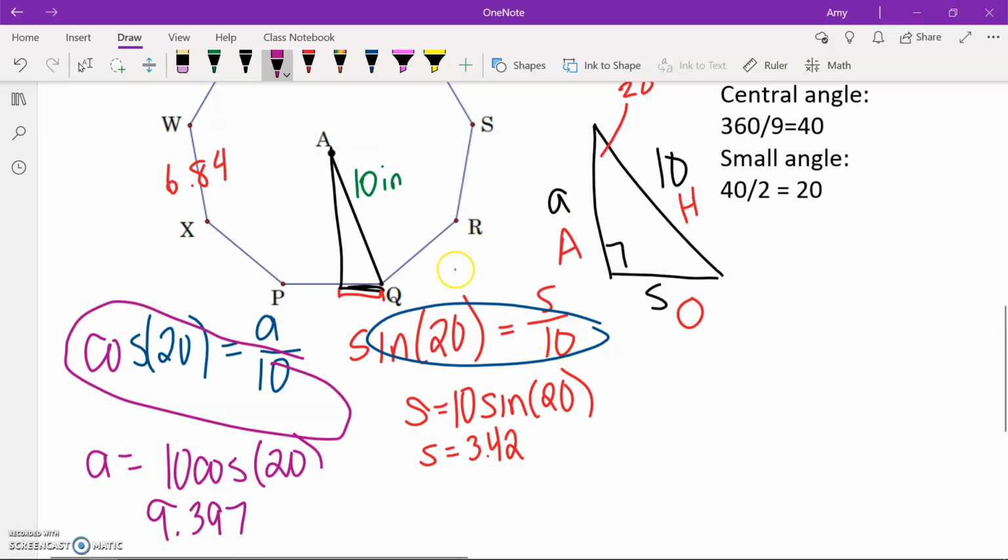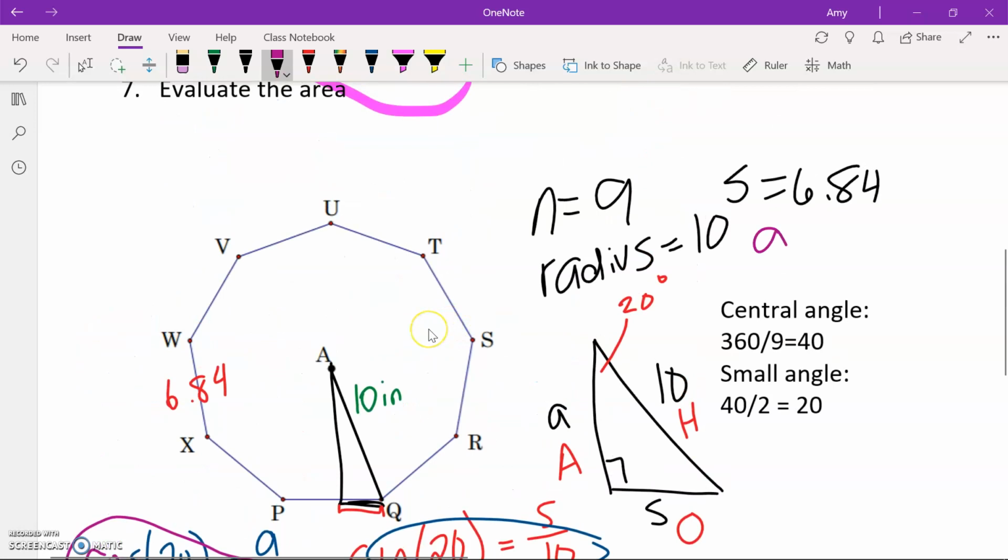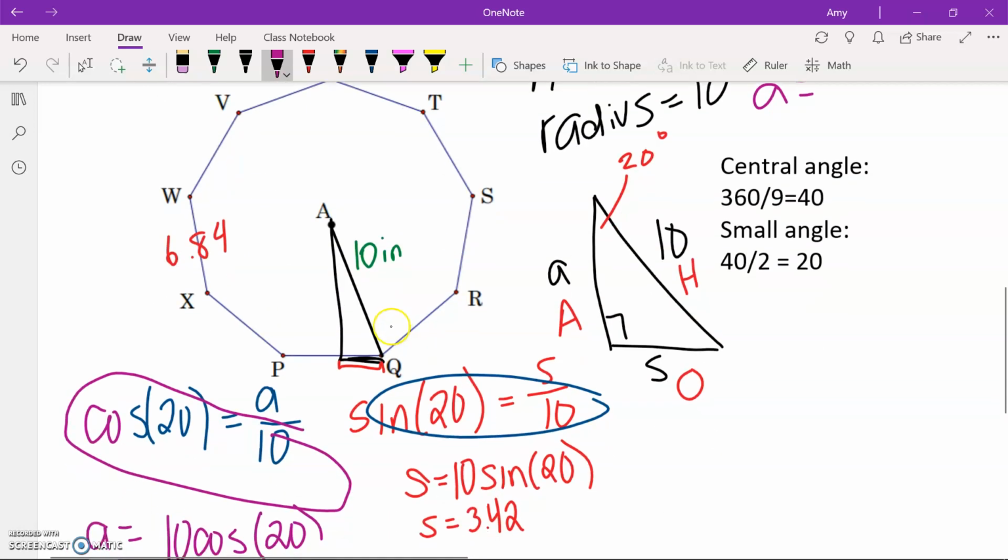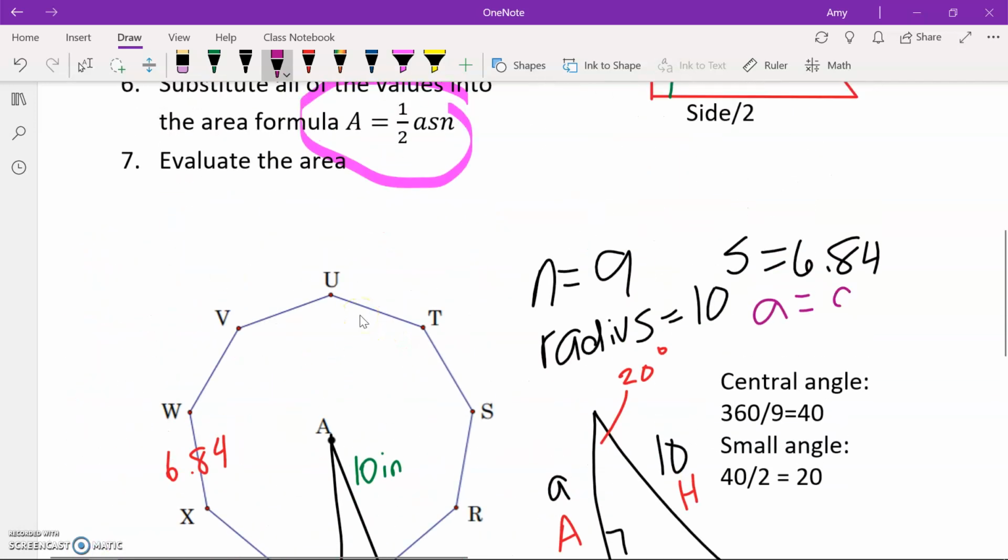You notice that I'm saving some of my decimal places, even though I'm probably not going to need as many at the end, just because we're doing a lot of different calculations, and so it's helpful to have more decimal places than you need so that at the end you're not really far off. So I know that my apothem is 9.397.